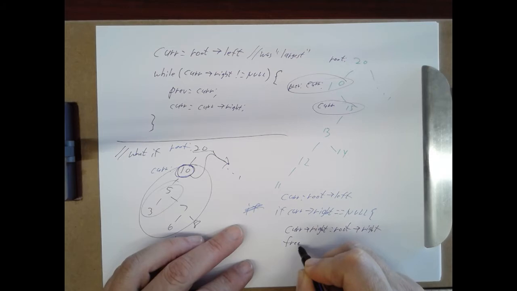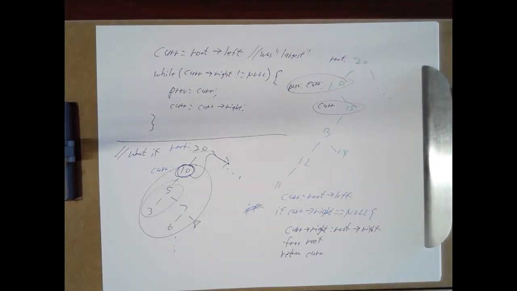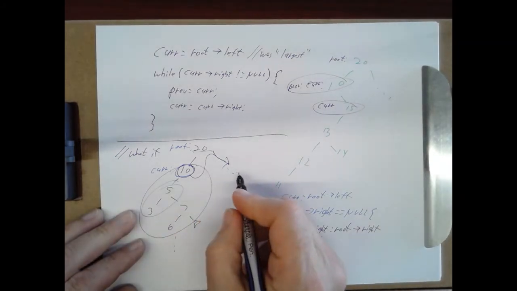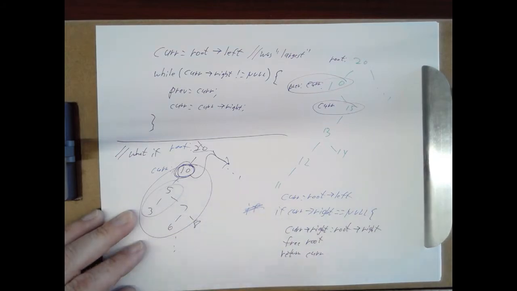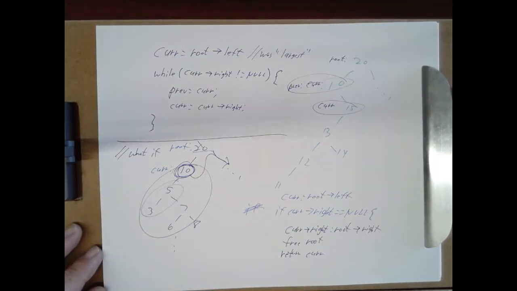Free the root and return current. So this thing adopts all of that. We get rid of the root and we just return that largest node as the new root of the tree.